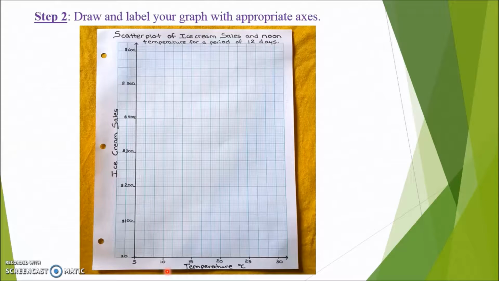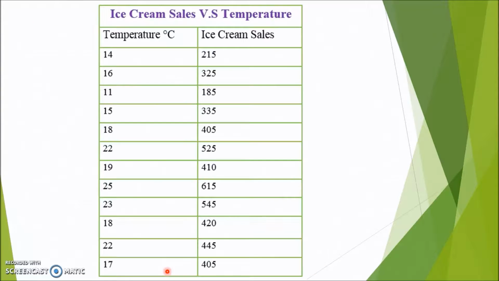Once you have identified which variable goes where, it is critically important that you figure out your scale. From the table, going back a little, temperature ranges from 11 degrees to 25 degrees Celsius.